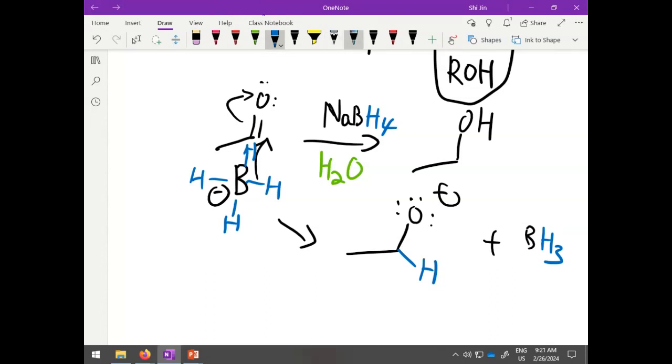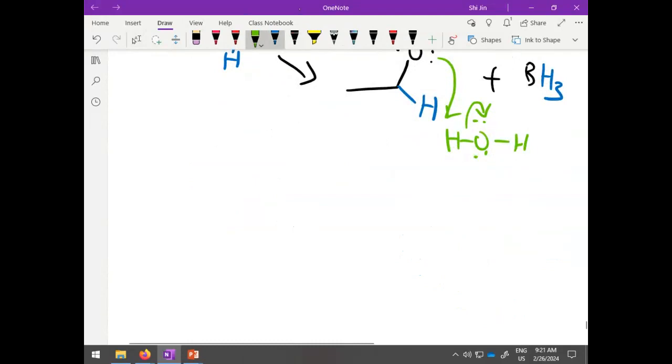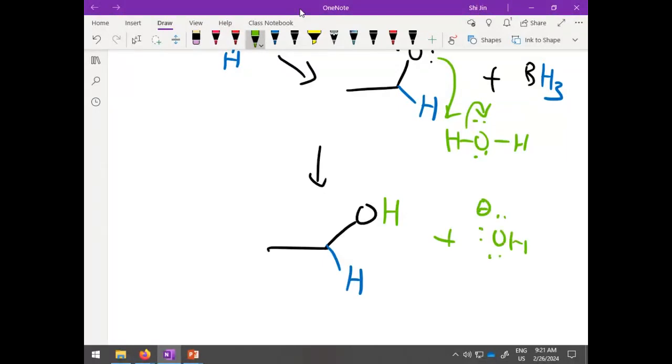And then in the next step, the water, you will get the product. And obviously this is going to become hydroxide ion, and in reality hydroxide ion will combine with BH3, but we don't need to worry about that.